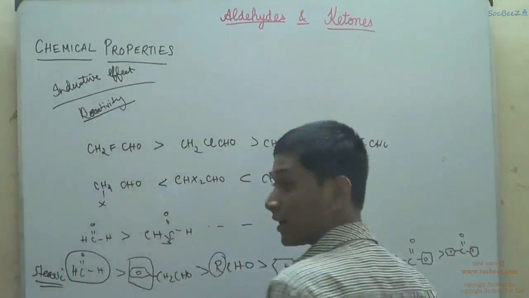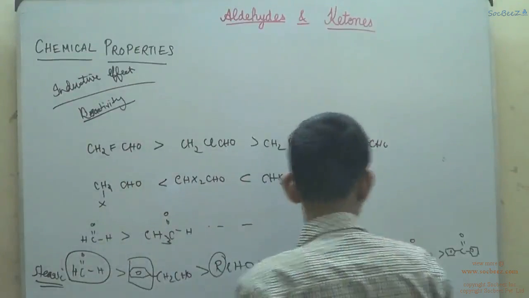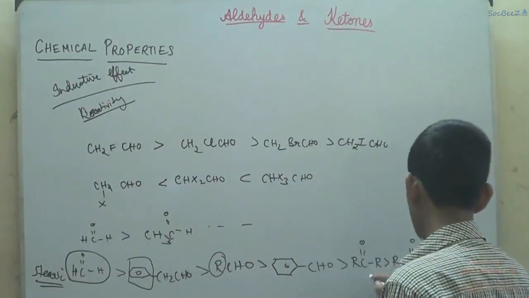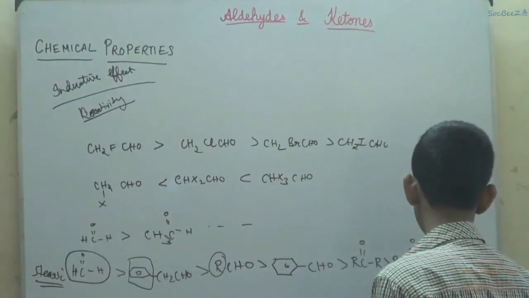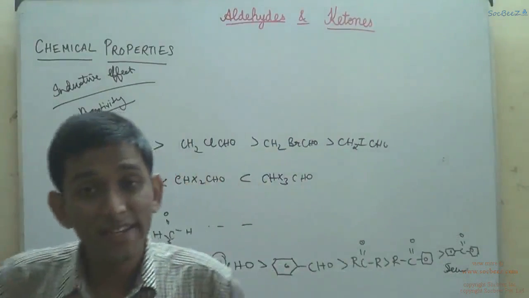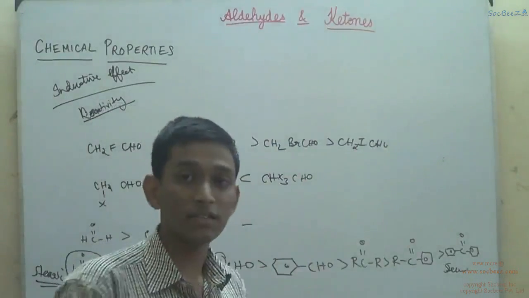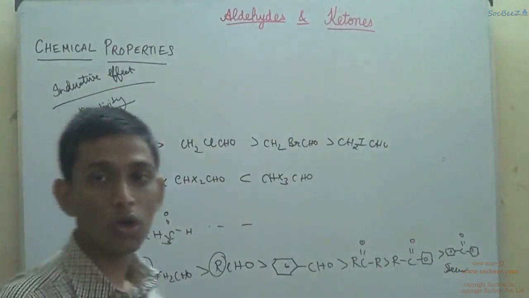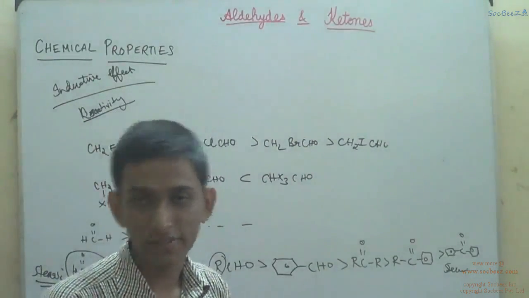Here it's directly connected, a further increase. Here two R groups, a further increase, ketone. Now you see, as this goes on, it becomes more sterically hindered. Because of the steric hindrance, the reactivity decreases. Therefore, ketones are much less reactive compared to aldehydes. So aldehydes are more reactive than ketones.